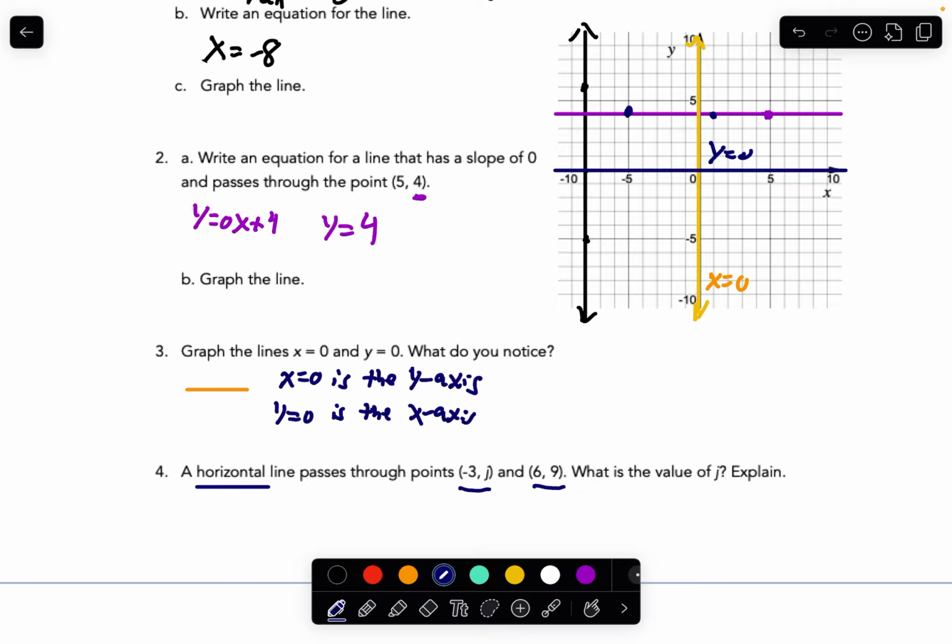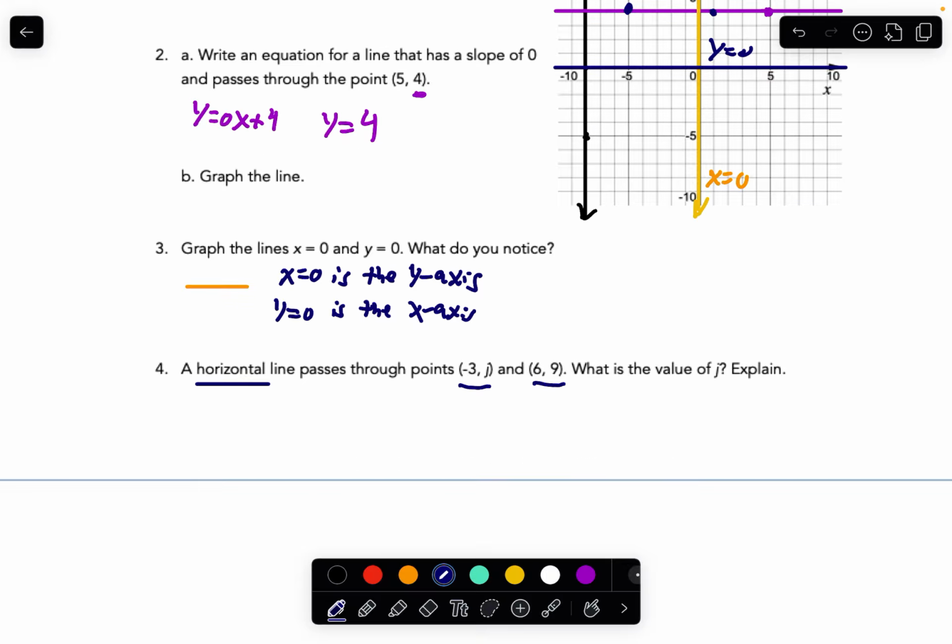Because it's horizontal. All right? So you have to interpret that, and you have to realize, wait a sec, if the line's truly horizontal, then the y values have to be the same. So that means j must equal 9. Okay, because then you can plot those 2 points and it'll be a horizontal line.